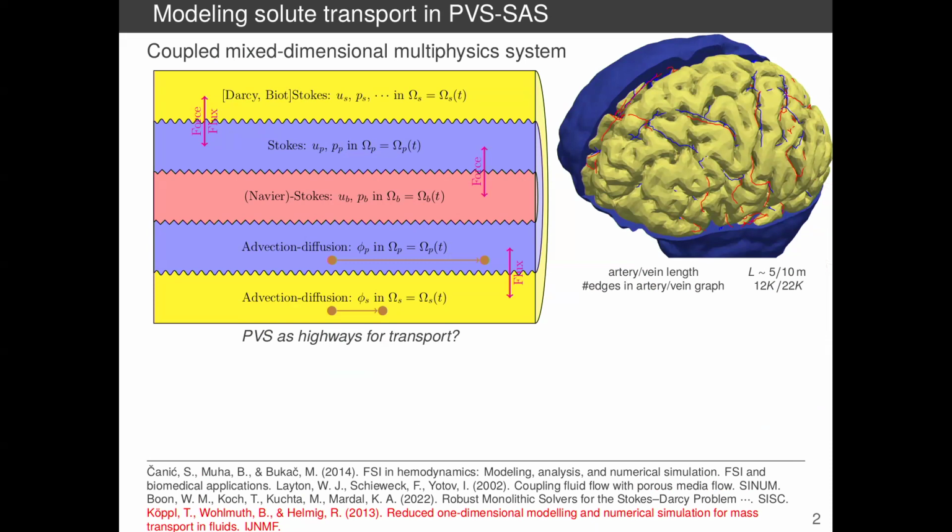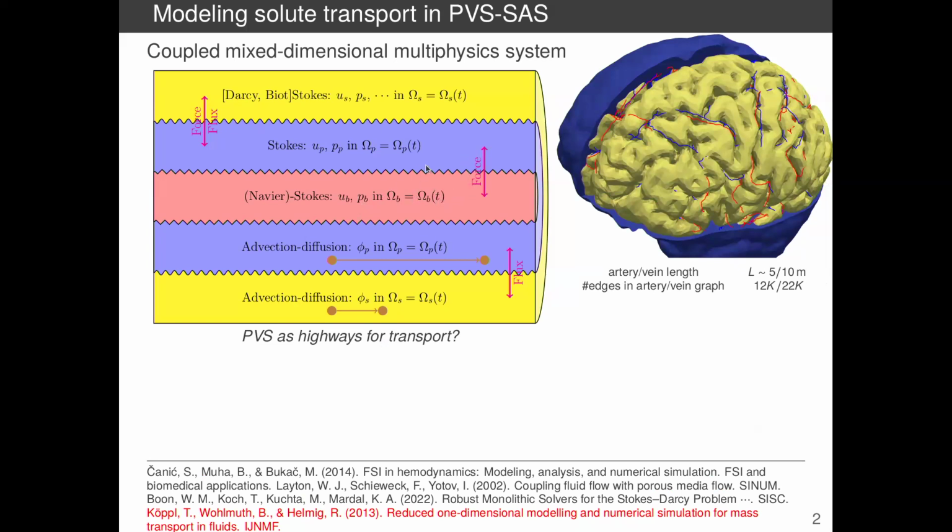So this is a challenging system to model. It's a coupled mixed-dimensional system, and in this cartoon I tried to sketch the situation around one of these arteries that dive into the parenchyma. So inside here we have a flow, like the previous speaker was presenting, governed by some Navier-Stokes.